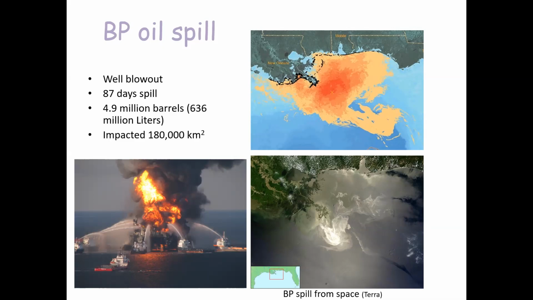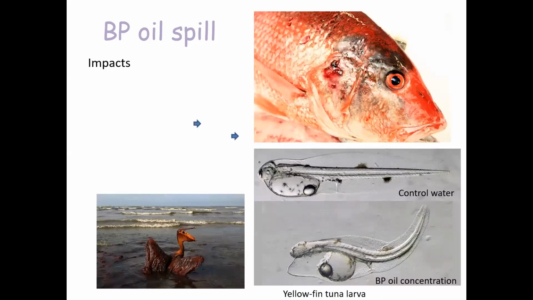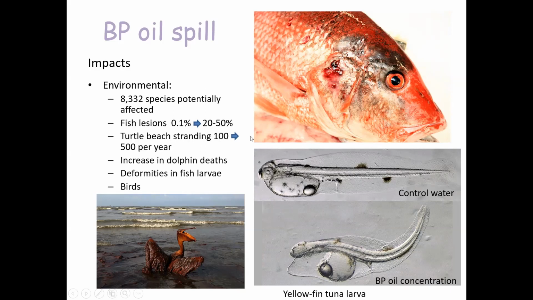And the environment was dramatically impacted. You can see this is from satellite imagery. You can see the spill from space. The impacts were quite grave for the local environment, and you can see various impacts like lesions that happened on fish.